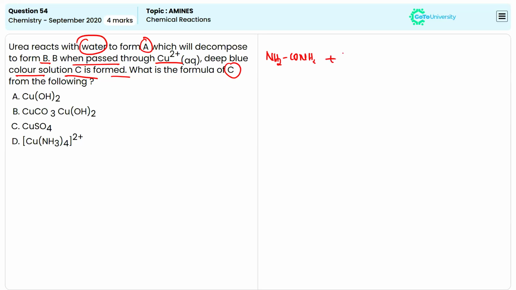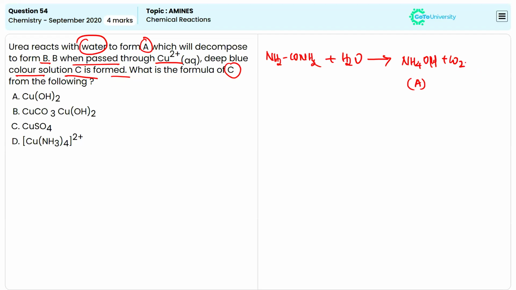Reaction with water. When urea reacts with water, it will produce ammonium hydroxide, NH4OH, and carbon dioxide. So here we are considering the product A, that is ammonium hydroxide. CO2 is not A because urea is converting to a compound A, right? So urea will be converting into ammonium hydroxide, NH4OH.